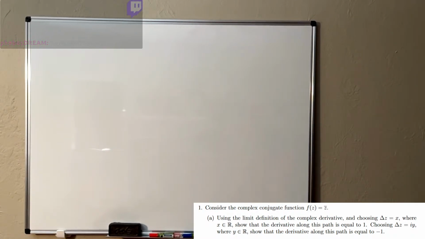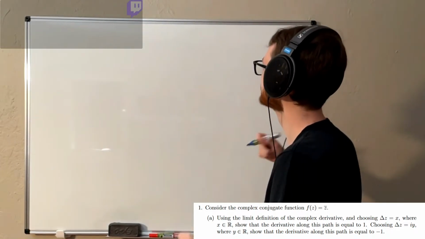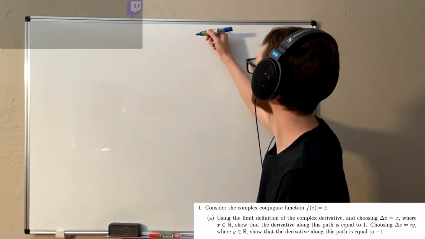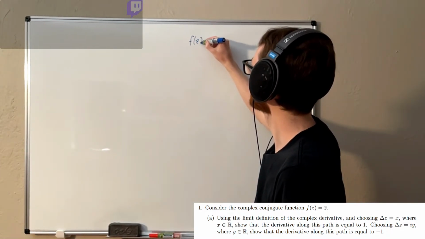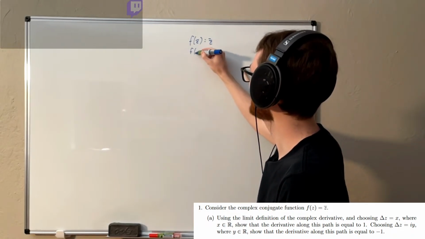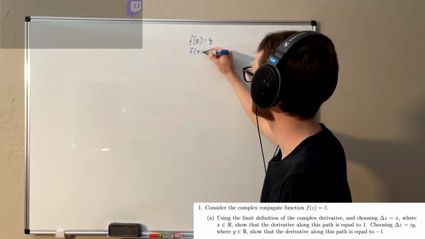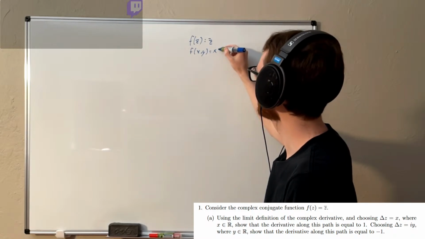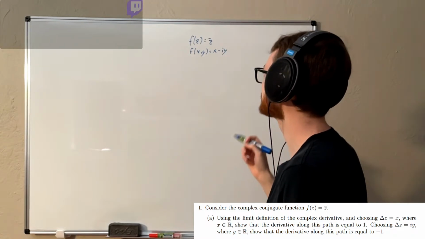The function in question is f of z equals z conjugate, and I assume I could equivalently write this as f of x y equals x minus iy.